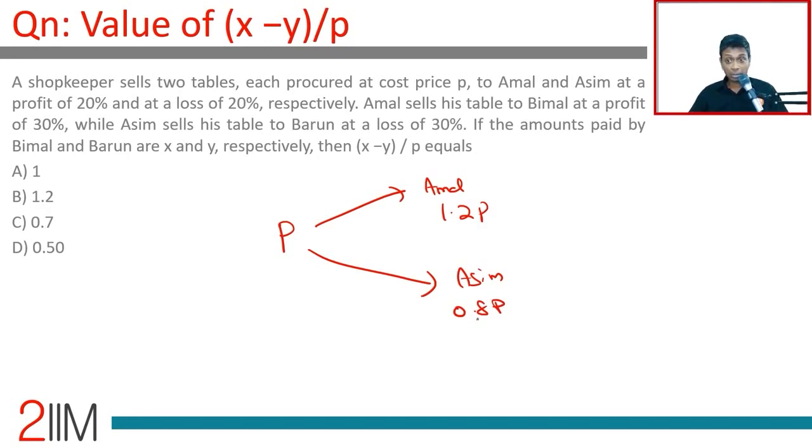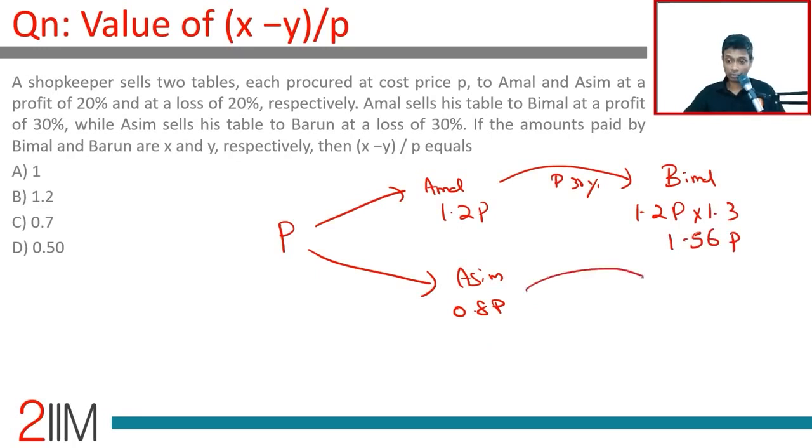Amal sells his table to Bimal at a profit of 30%, so he'll be selling it at 1.2p into 1.3, which is 1.56p. Asim sells his table to Varun at a loss of 30%, so he's selling it at 0.8p into 0.7, which is 0.56p.